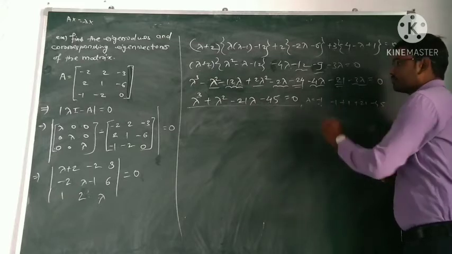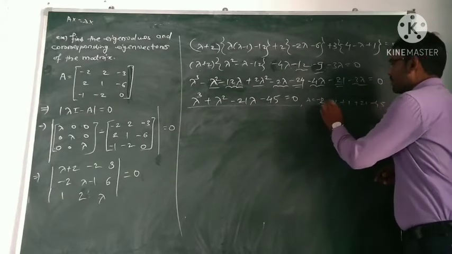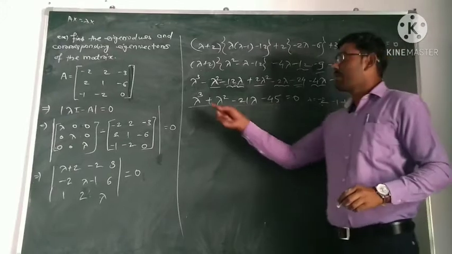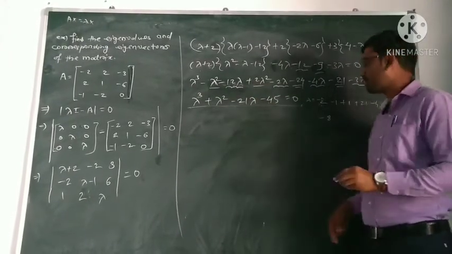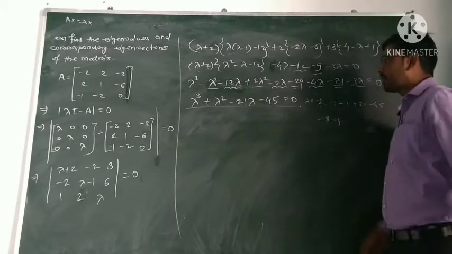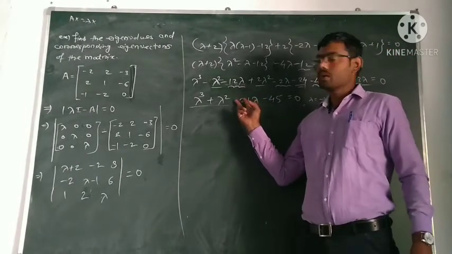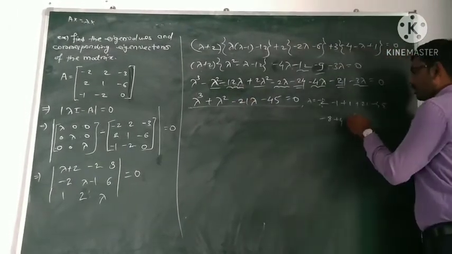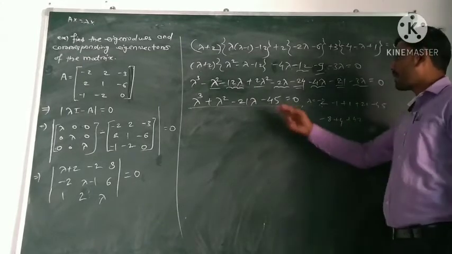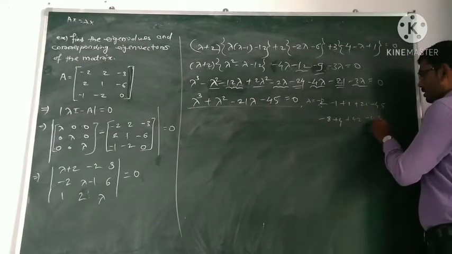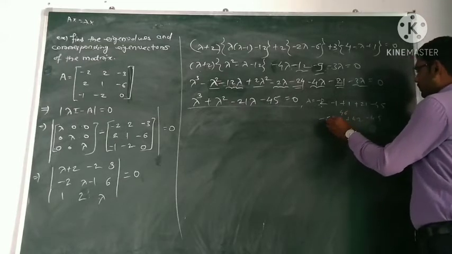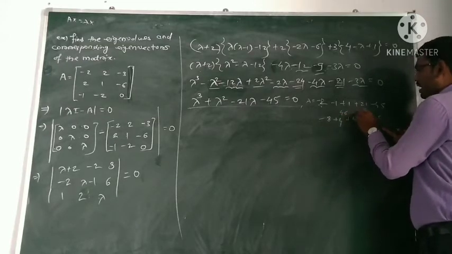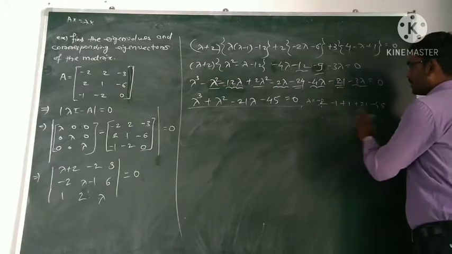Now put lambda is equal to minus 2. Then we get minus 2 cube is minus 8, minus 2 square is plus 4, then minus 21 into minus 2, so plus 42, and minus 45. Now 42 plus 4 is 46 and minus 8 minus 45 is minus 53, again not equal to 0. Minus 2 is also not a root.